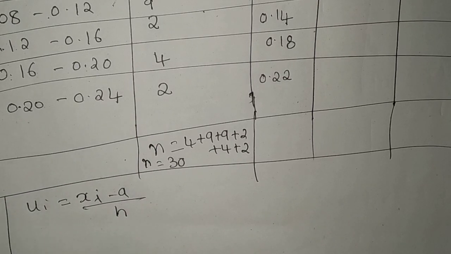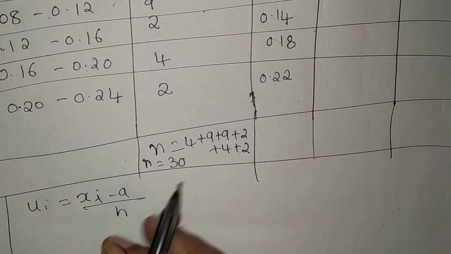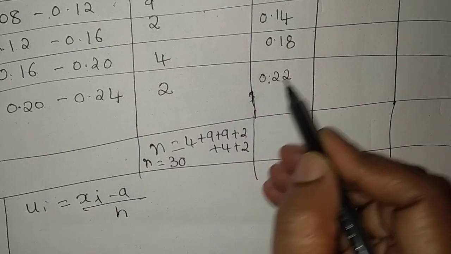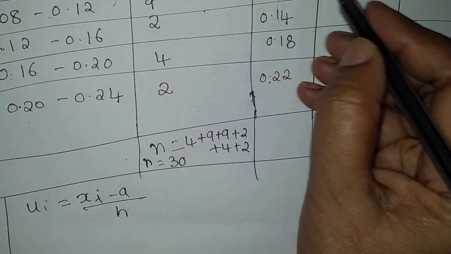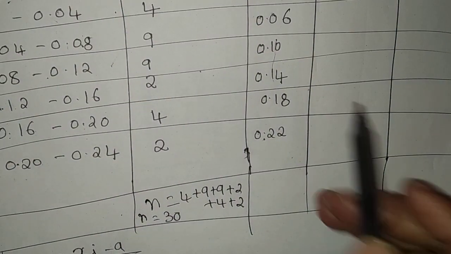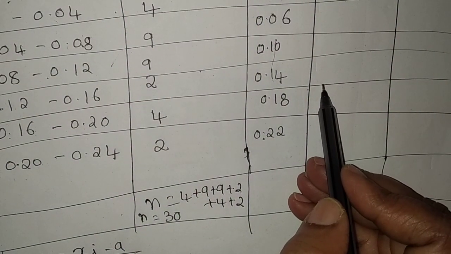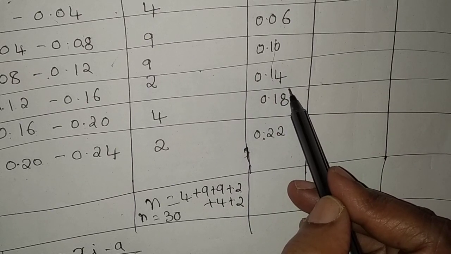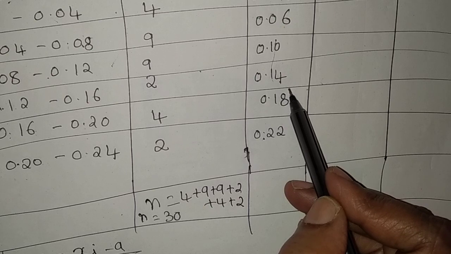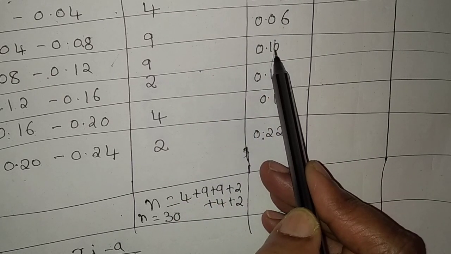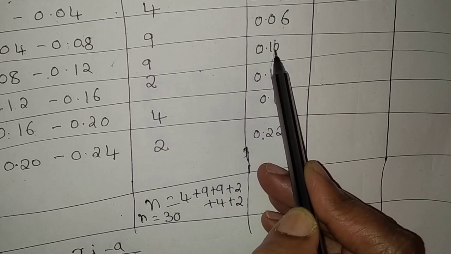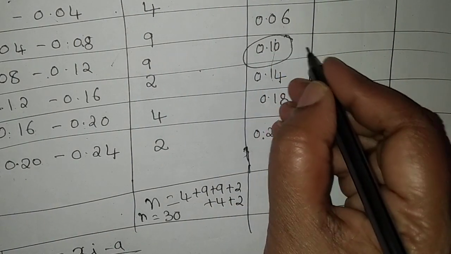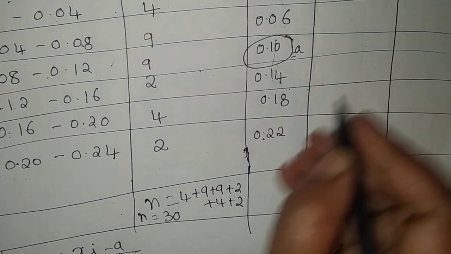We know n. Then the midpoints: 1, 2, 3, 4, 5, 6 values are there, so we'll consider this one as a.